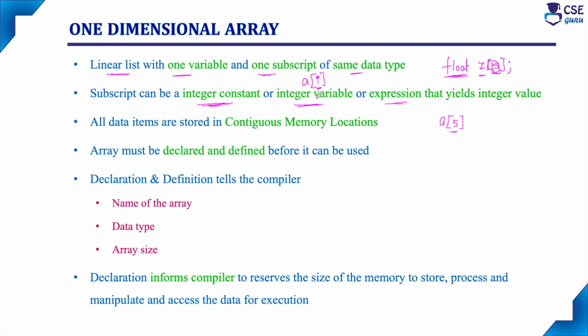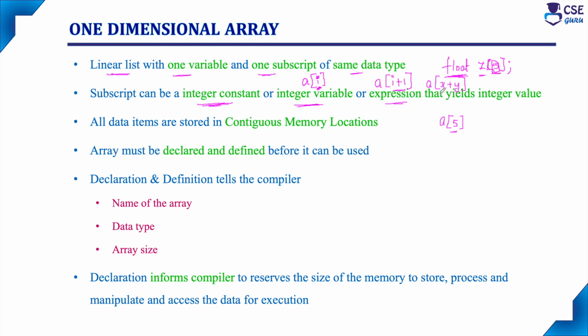This is an integer variable. This variable will hold some value, and that value finally will be an integer value only. But by representation we can represent it with an integer variable also. So the subscript can be an integer constant, an integer variable like A of I, or an expression, that is A of I plus 1, or A of x plus y.